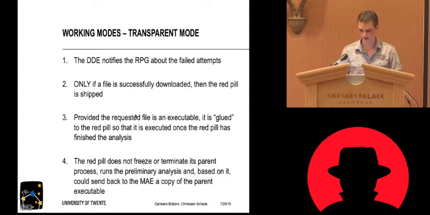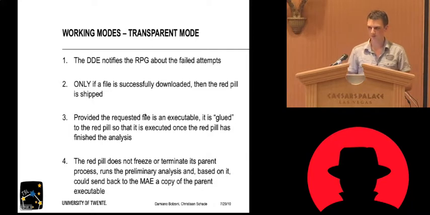Because in this version, the red pill is attaching itself to the original egg. It's gluing itself. And once the red pill is executed, it's not freezing the parent initially. So it will allow the spore to continue executing.